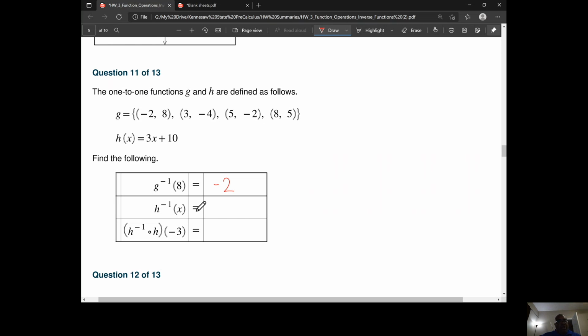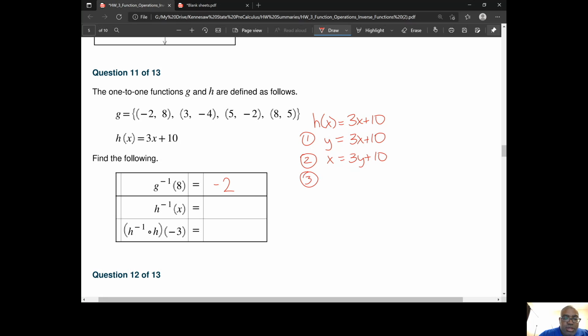Okay. H inverse of x. We actually have to calculate that. All right. So H of x is equal to 3x plus 10. First step, y is equal to 3x plus 10. Do that substitution. Second step, switch x and y: x is equal to 3y plus 10.